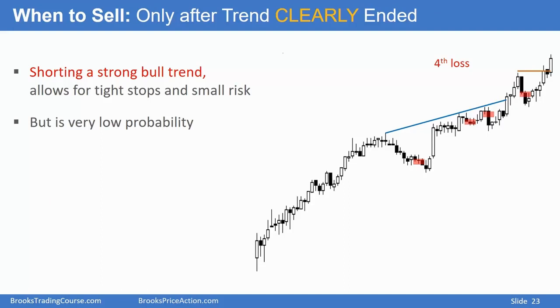All he sees is a tight stop and small risk, and therefore I'm going to take the trade. But you need risk, reward, and probability to take a trade. And anytime you're taking a very low probability trade, by definition, if it's a low probability win, it's a high probability loss, you're going to lose most of the time. So when a trend is strong, clearly always in long, you should only be buying.